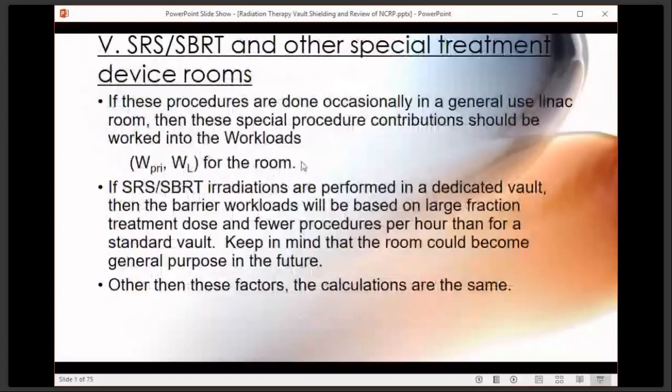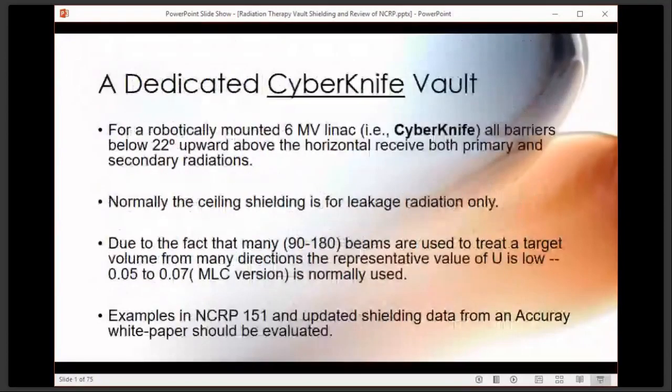SRS, SBRT. Workloads go up, and if they're a dedicated room, you need to work on your workload. They'll be a lot higher. The CyberKnife. An example is in NCRP 151.